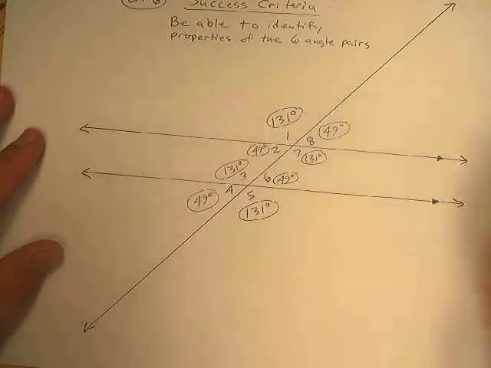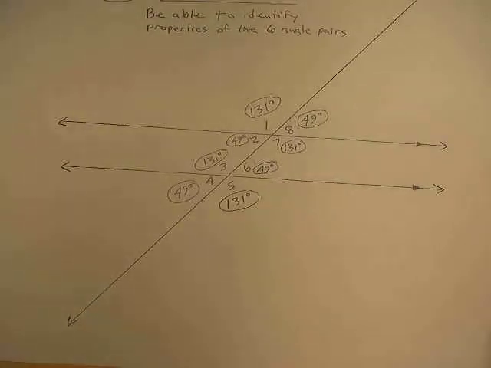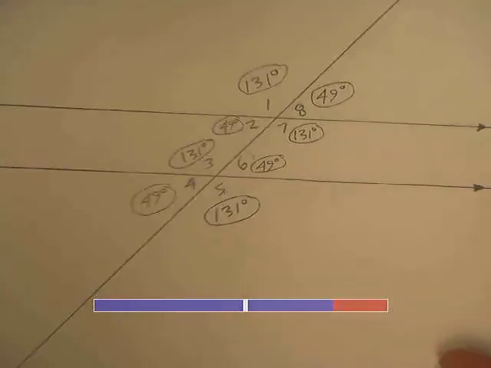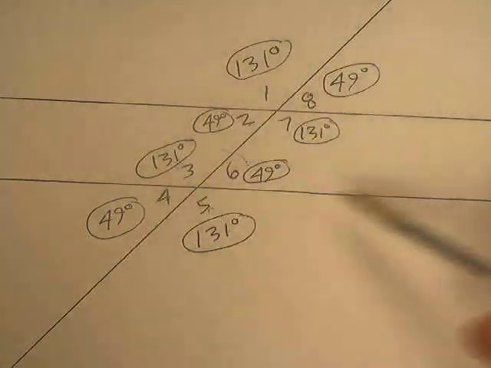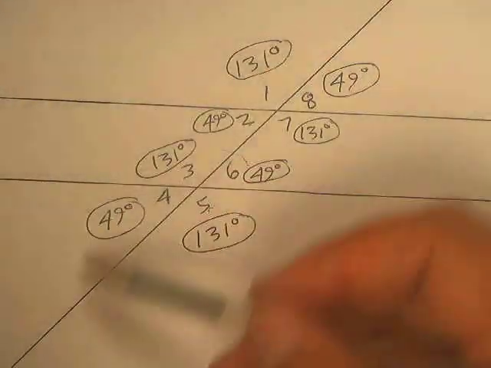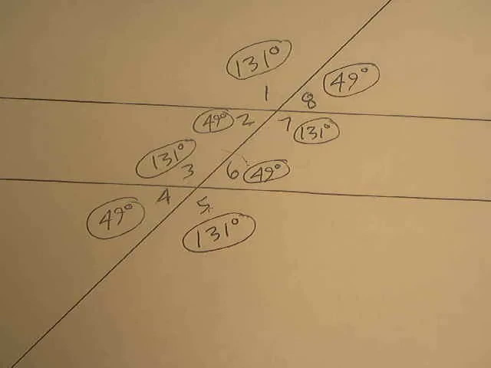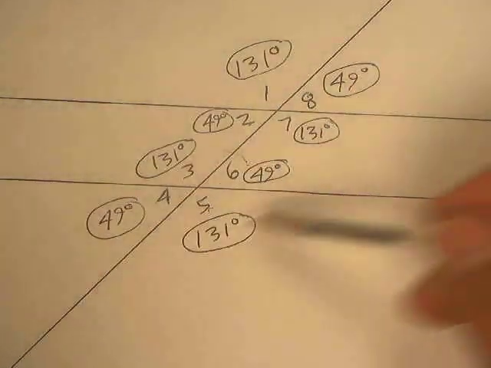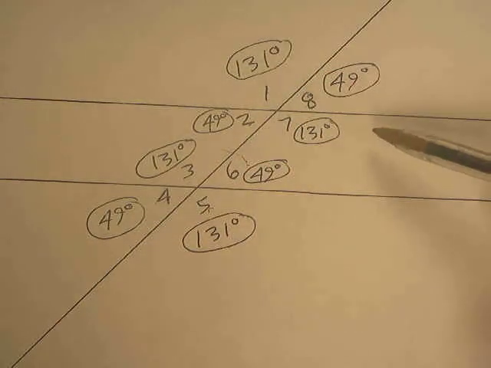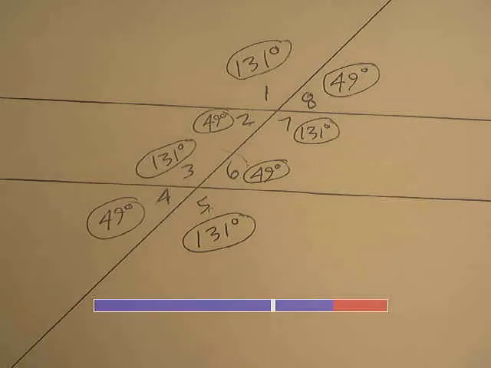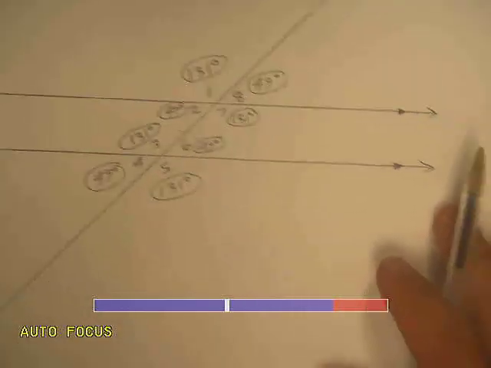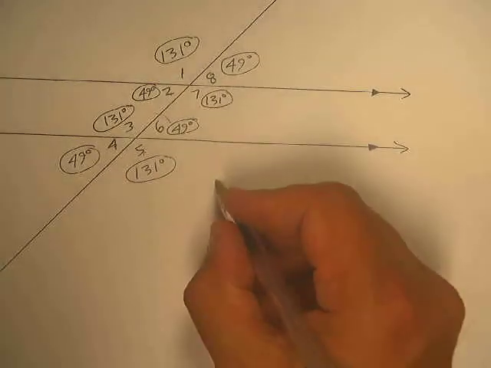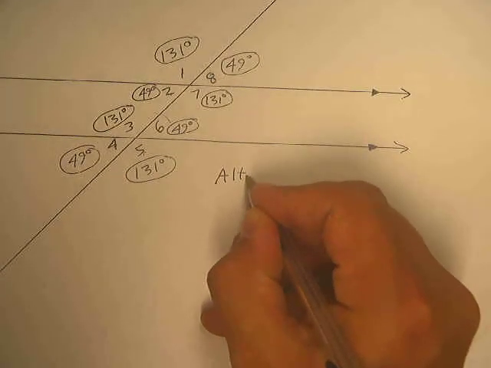Angle 7 is 131 degrees, and angle 2 is 49 degrees. Now, if you notice, if these lines are parallel, and I'm going to zoom up just a little bit, these two lines going across here, and that transversal intersects parallel lines, these special angles have a property, okay? So we're going to write down what those properties are.